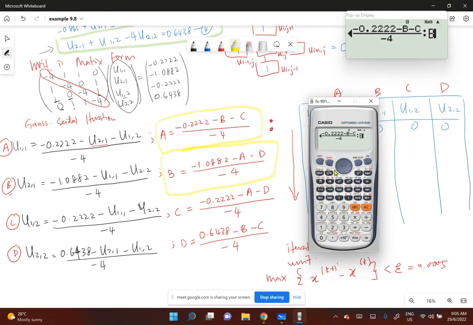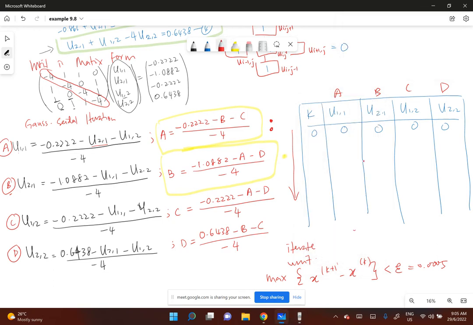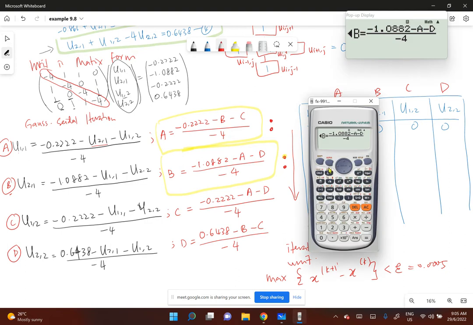So alpha B, alpha equal, fraction, negative 1.0882 minus alpha A minus alpha D divided by negative 4. Bring to the right, key in the double dot symbol, alpha integrate.